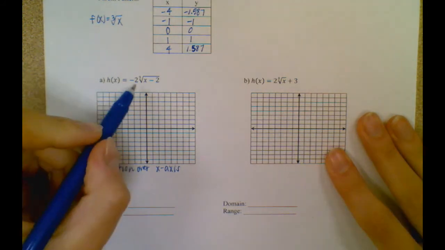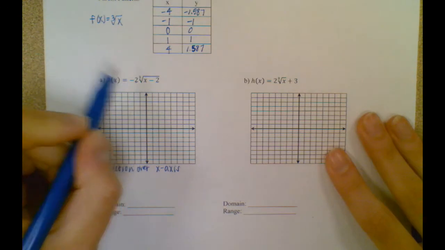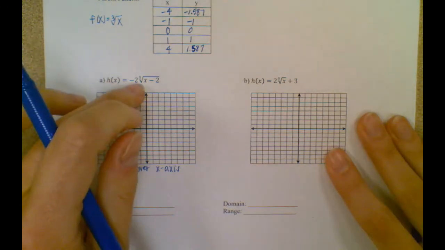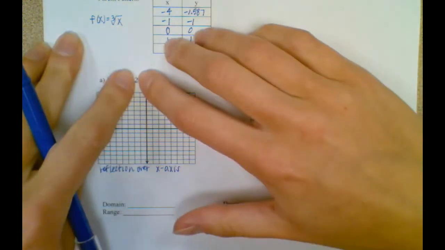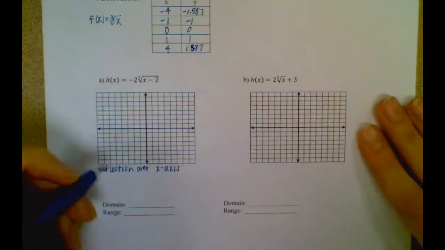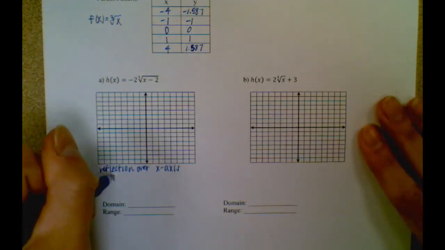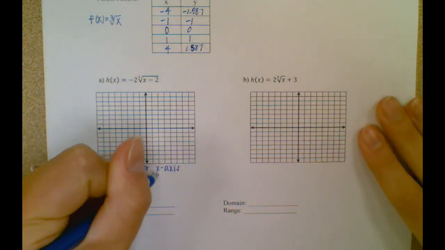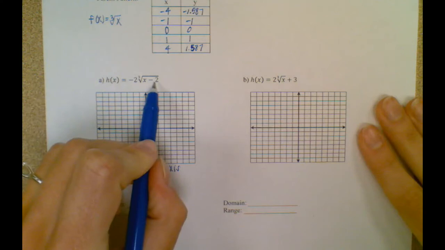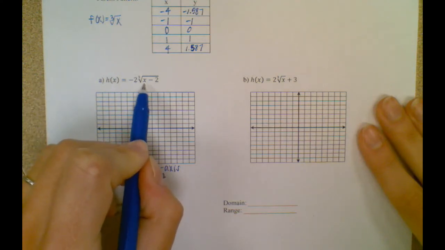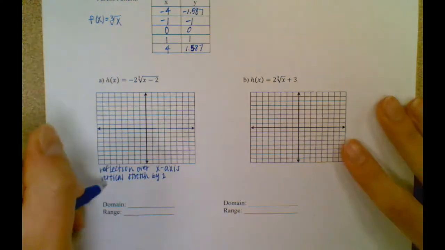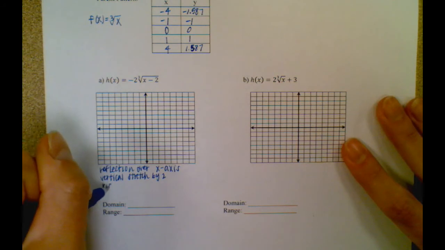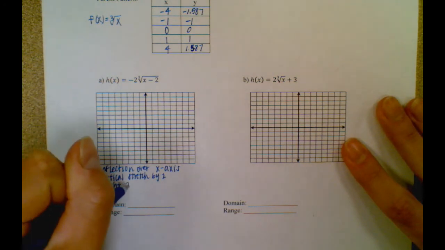And then we have, remember, that negative got taken care of by the reflection, so now we're just focusing on the number 2. So it's positive, it's greater than 1. It's a vertical stretch by 2. And this is inside of the radical, so this will be right 2.